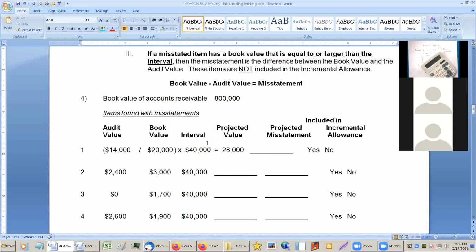And the projected misstatement would be 12,000.